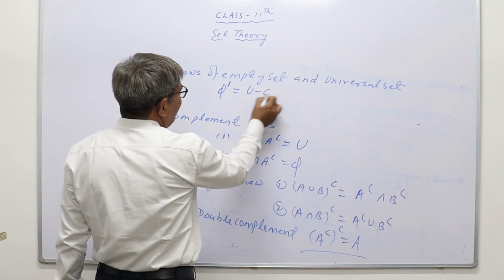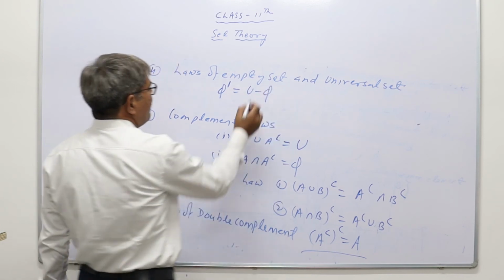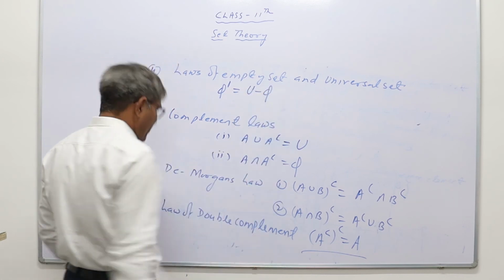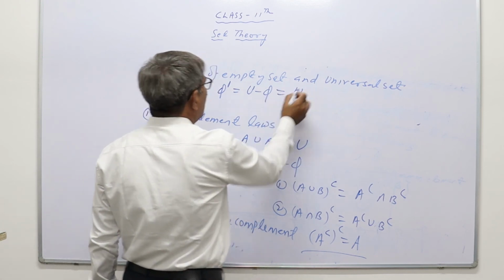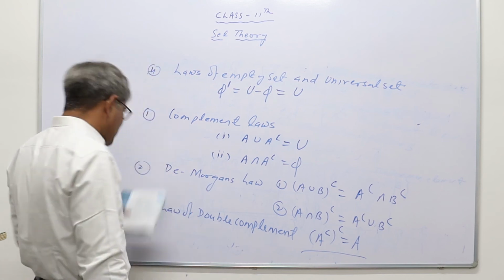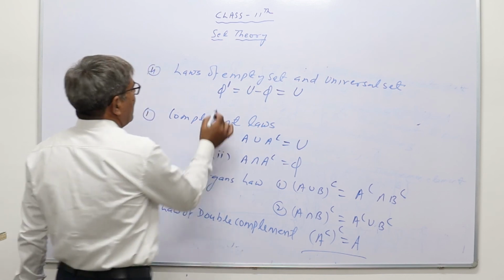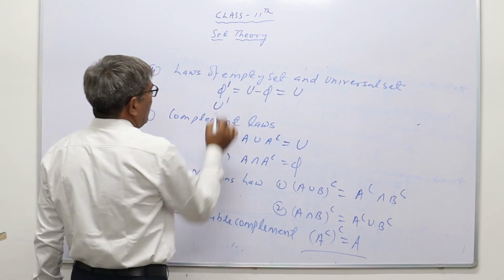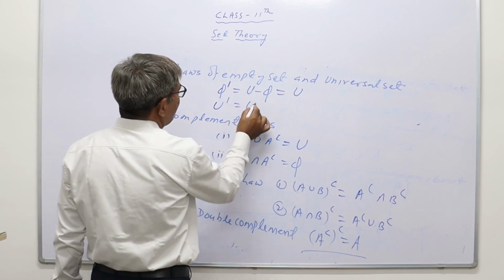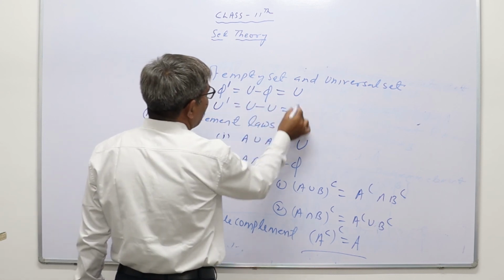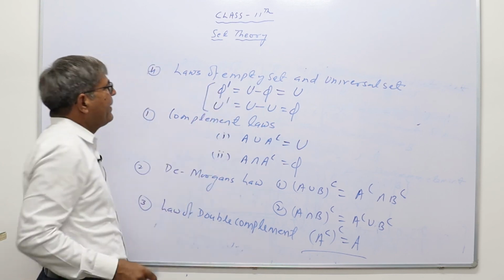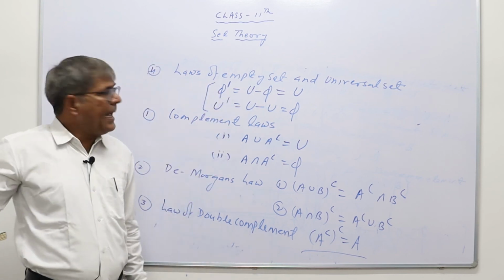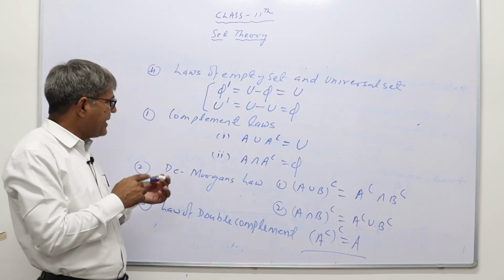U minus phi. That is, we have to subtract phi from the universal set, so it will always be equal to U. So the complement of phi is U, and the complement of U means U minus U, that will be equal to phi. So these two are known as laws of empty set and universal set.